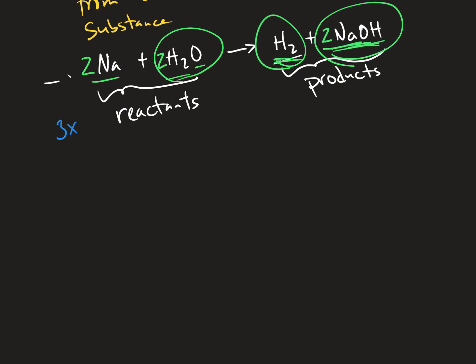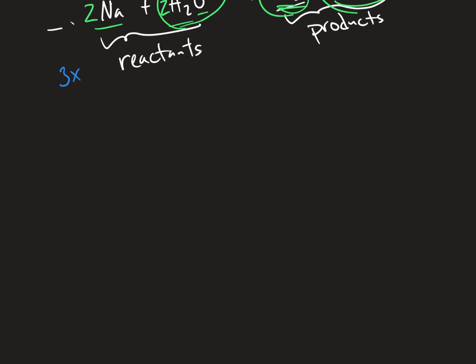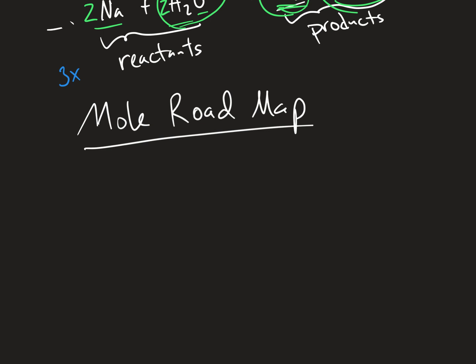But write it down anyway, just to make sure you understand it and take notes on it, right? This is the mole roadmap, and this will tell you how to convert from one thing to the next thing, okay?